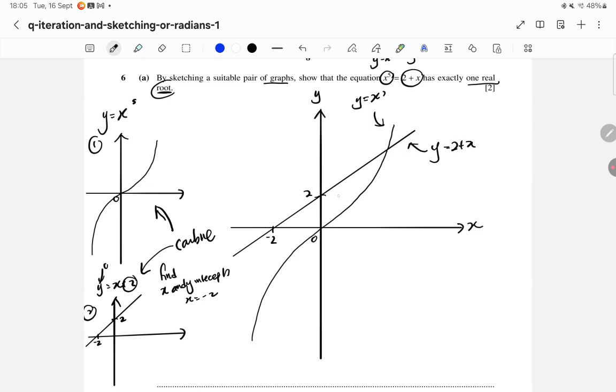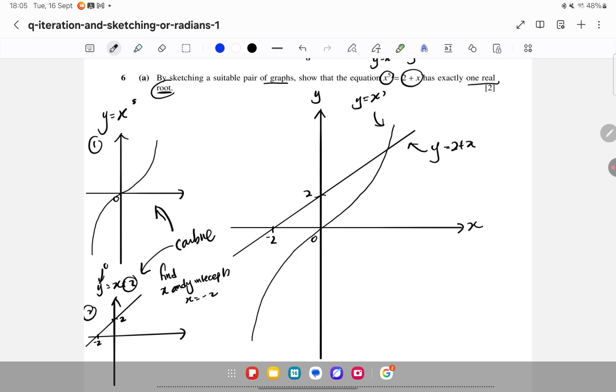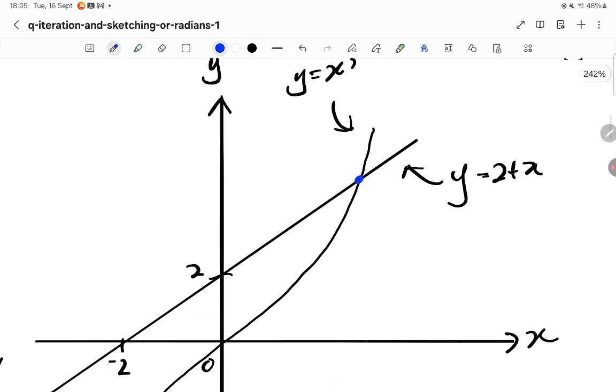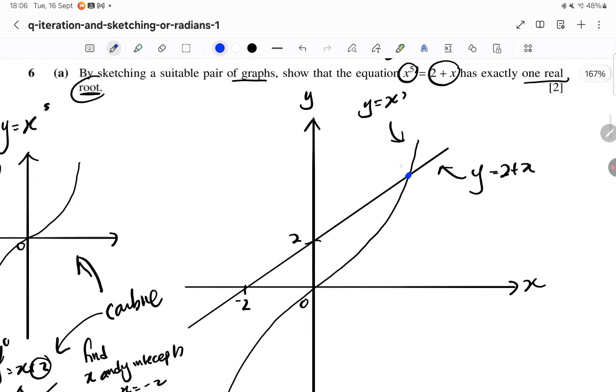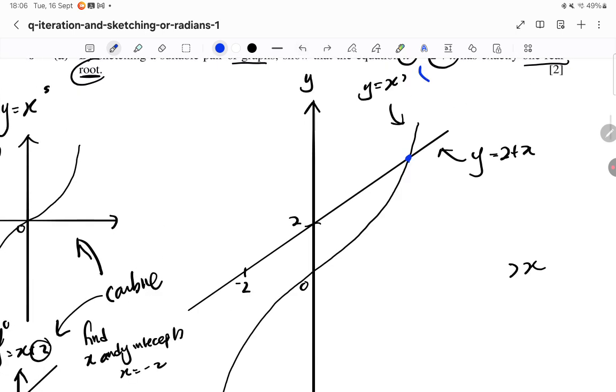You're going to have a point where the graphs intersect, and this is going to be the root. This is the point where the two graphs intersect, and that is given by the equation up here. That's the x-axis. So you're going to get something like that.